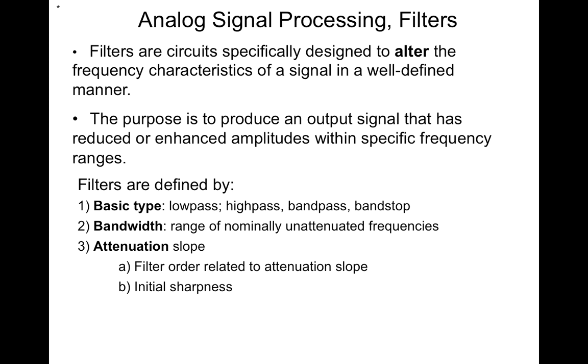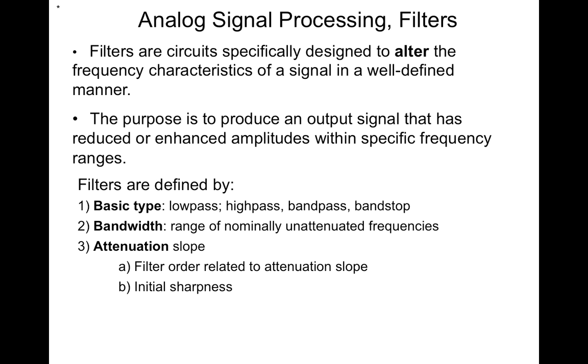Is it a low pass, high pass, band pass, or band stop? We define them by their bandwidth, which is the range of nominally unattenuated frequencies, and we define them by their attenuation slope. In other words, what is the filter order, how is filter order related to attenuation slope, and what is the initial sharpness of the attenuation slope?